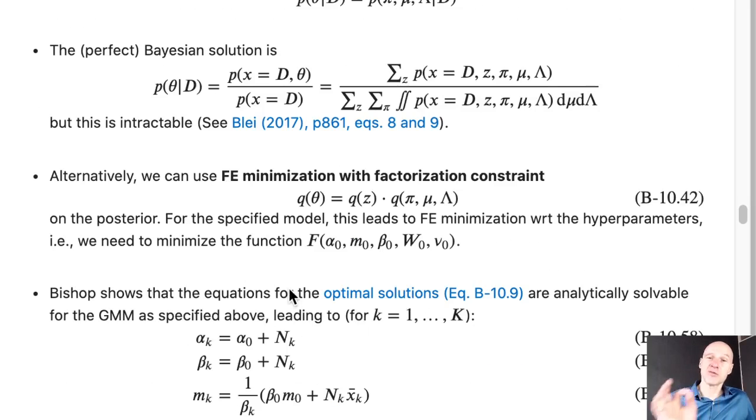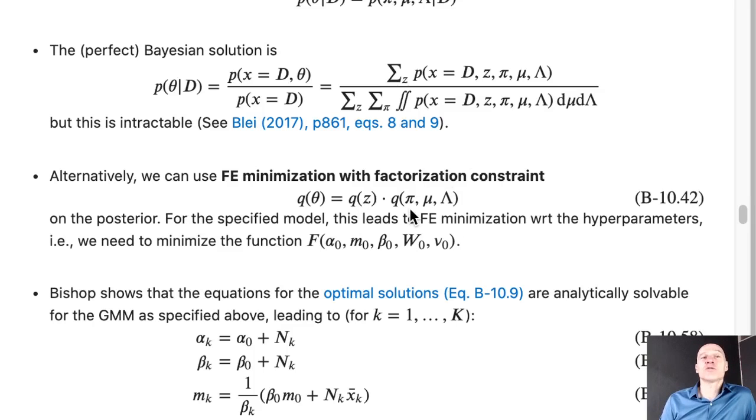Aside from data, I'm going to impose another constraint, a factorization constraint. I'm going to say q over all hidden variables is going to be split into q over z, my class labels, my cluster labels, and that posterior is going to be independent of q over the parameters.